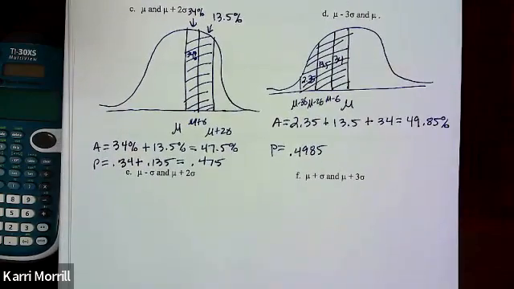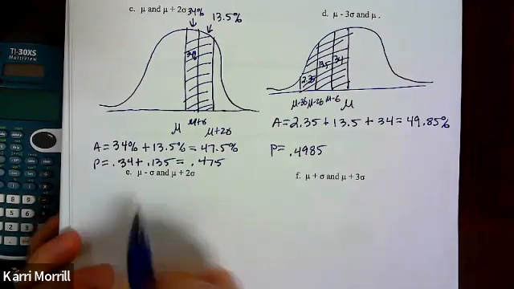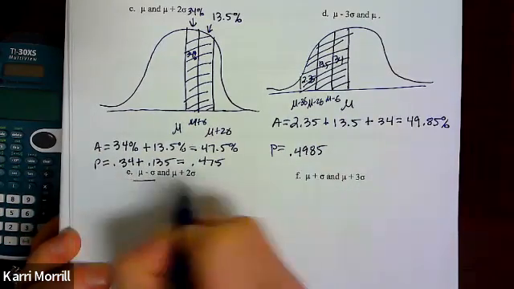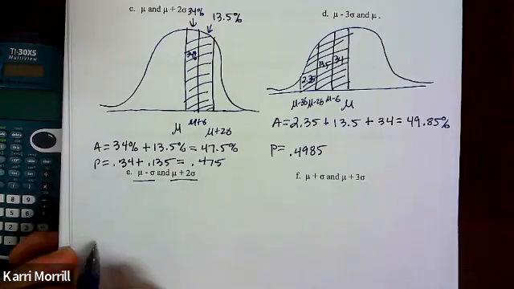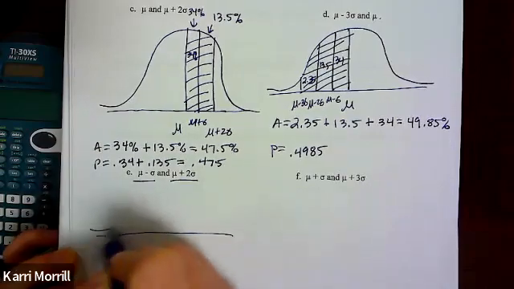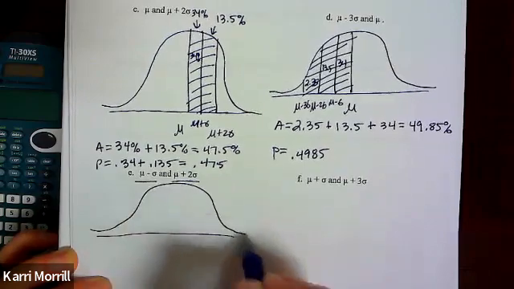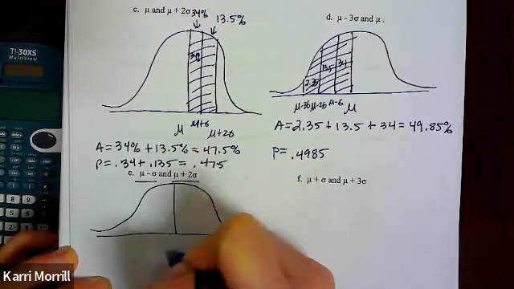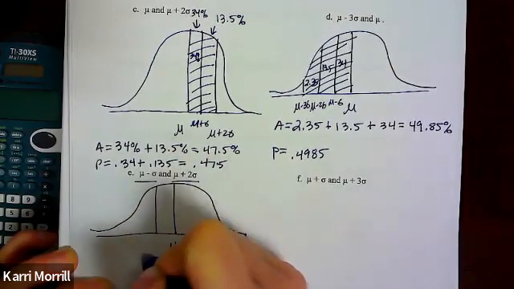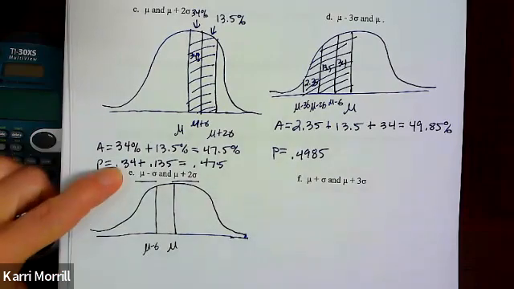Now, it's not always asking from the mean. If you noticed, questions A through D was basically, we kind of use mean in the middle as the guideline, but this time we're going from -1 standard deviation to 2 standard deviations. So just draw what it's representing. So this is our mean, and this is our mean minus 1 standard deviation.